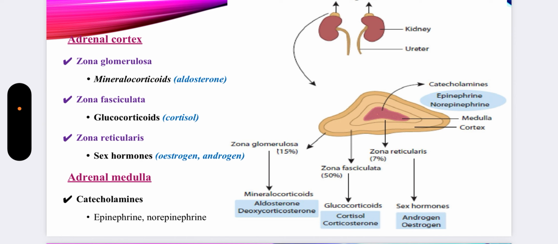Glomerulosa secretes aldosterone and deoxycorticosterone; fasciculata secretes cortisol and corticosterone; reticularis secretes androgen and estrogen. The adrenal medulla secretes catecholamines, that includes epinephrine and norepinephrine.